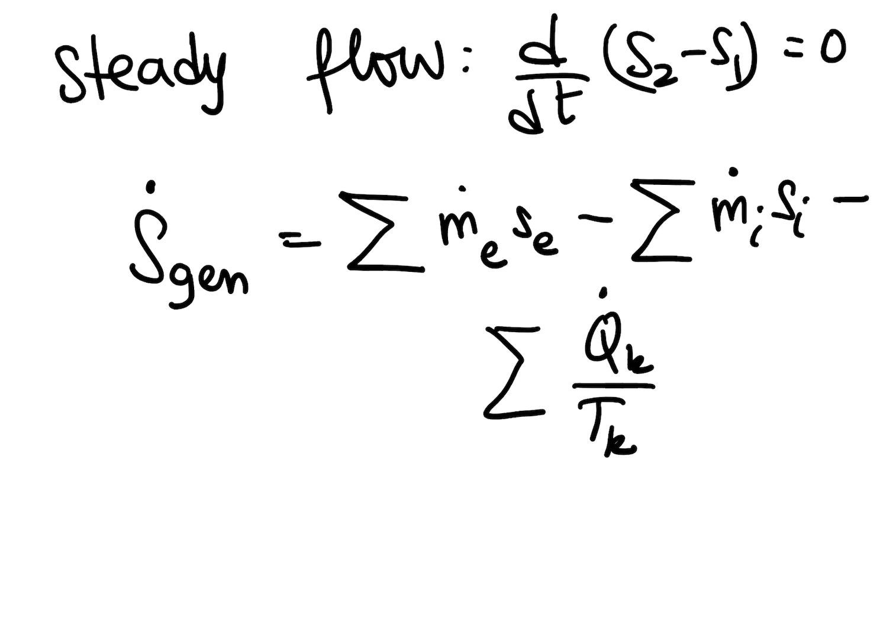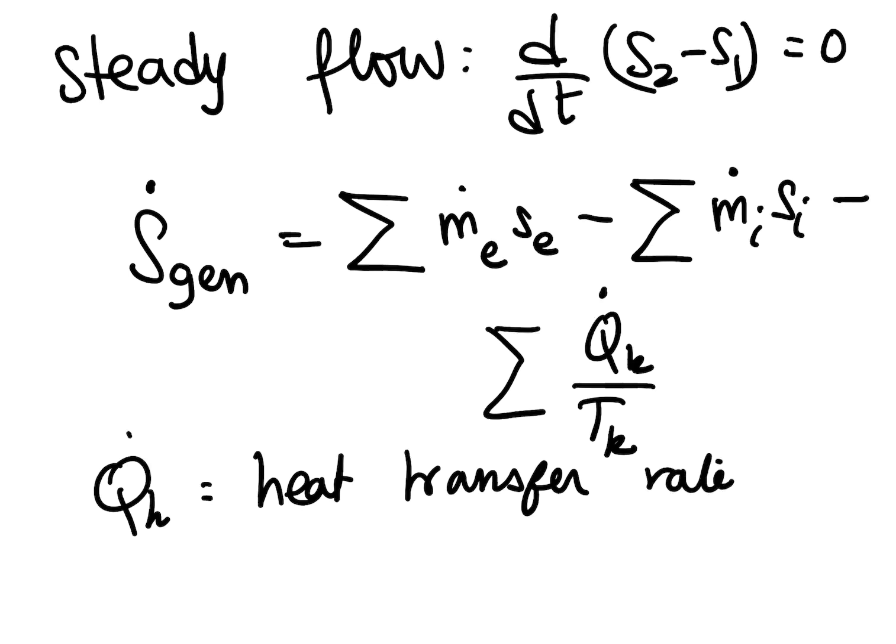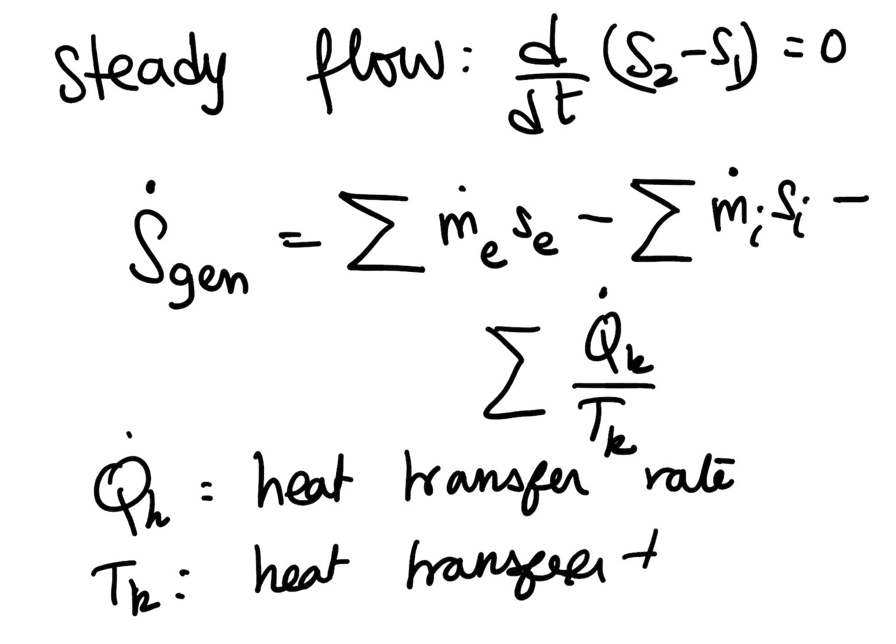Qk, remember, is the heat transfer rate, and Tk is the temperature at which heat transfer takes place. So for a steady flow process, entropy generation is equal to the exit minus inlet minus the heat transfer divided by temperature.